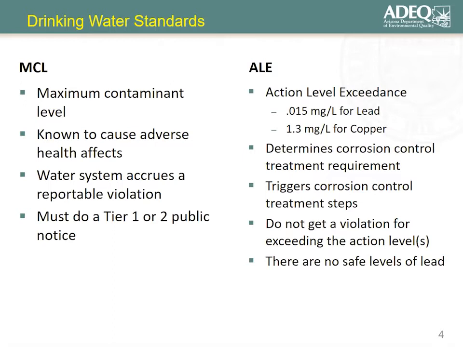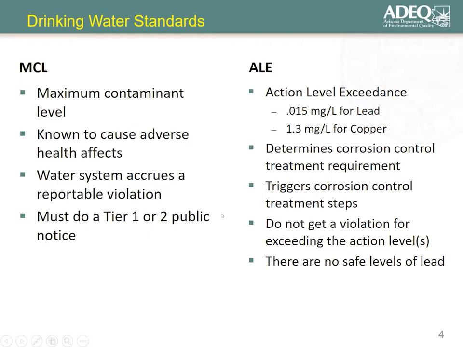These two standards for lead and copper are a feasibility standard that EPA determined back in 1991 when the first lead and copper rule was promulgated, to help states determine if corrosion treatment is required. These levels determined for both lead and copper, what we call ALEs, are not used to determine if or when a public health outcome could occur, and they're not used to determine whether someone exposed to a 90th percentile level above the action level would have elevated blood lead levels.